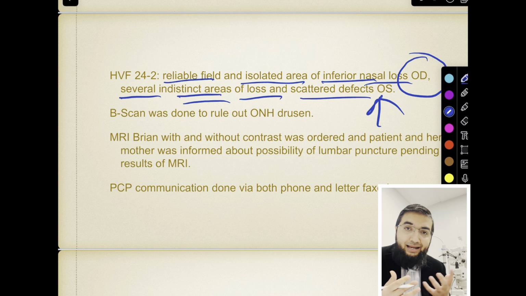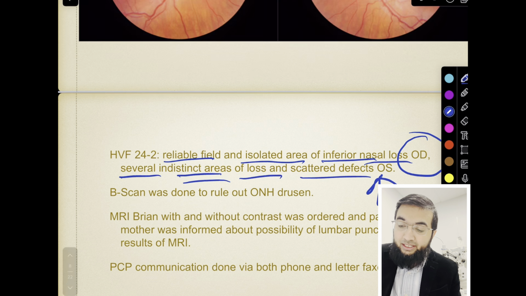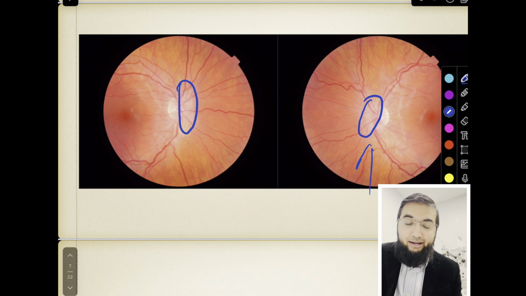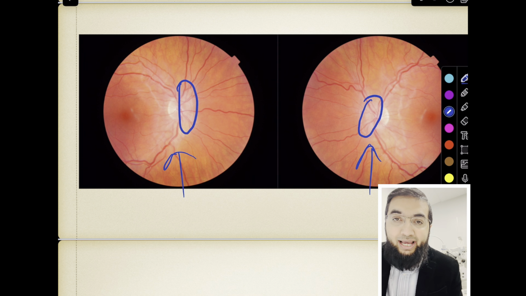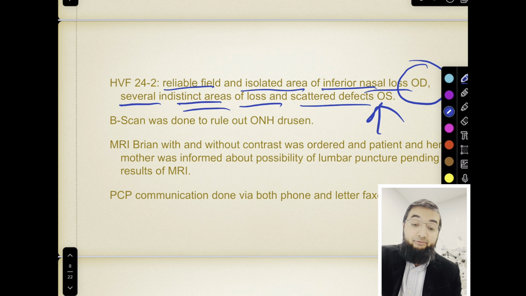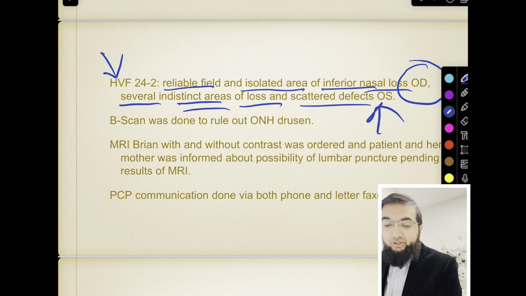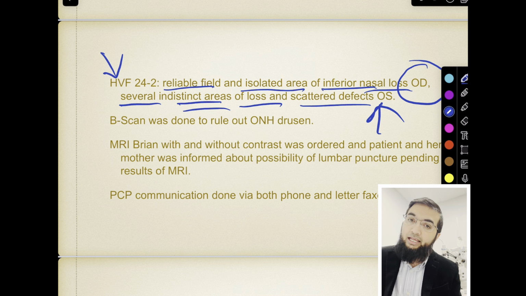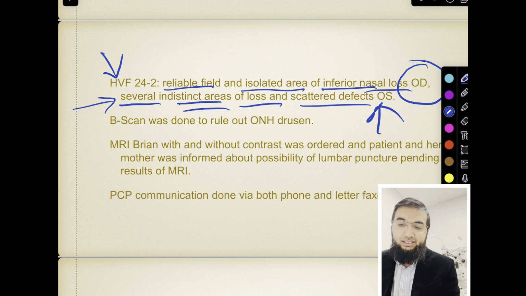So both eyes are having some problems. This is the one eye, this is the other eye, right eye, left eye. Both eyes are showing some problem, verified with my favorite test, Humphrey visual field. Especially look at the left eye.